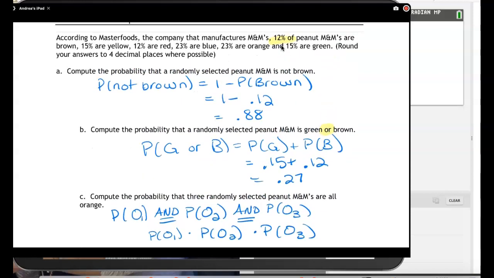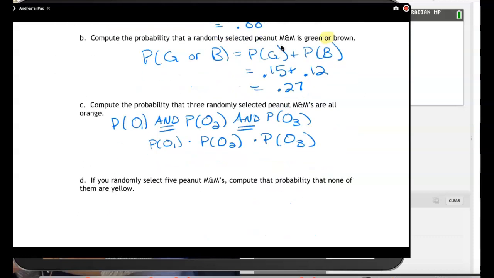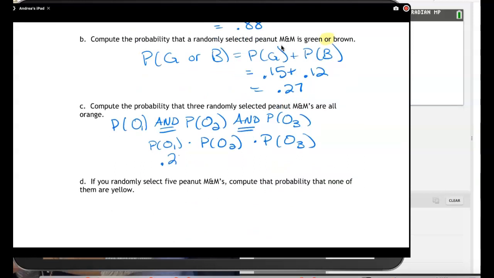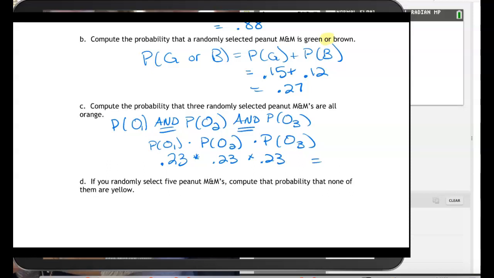So the probability that we get an orange M&M is 0.23. So I'm just going to multiply these. 0.23 times 0.23 times 0.23. Okay, now remember to round that to 4 decimals.